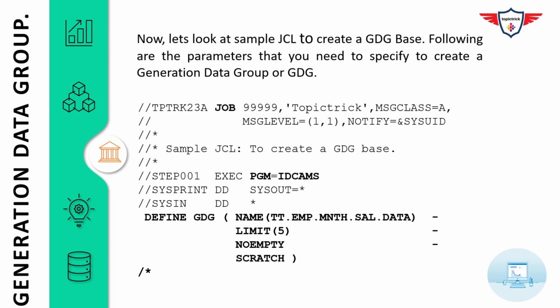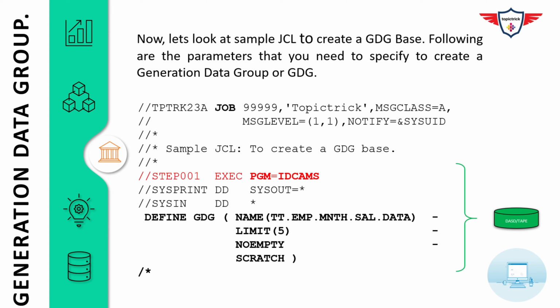So the first two lines are the job card, and a job card is generally used to have information related to a job. So it could be your accounting information, your message class, message level, and then you have the next three lines which are for comments. So I have included a comment that says that this is a sample JCL to create a GDG base.